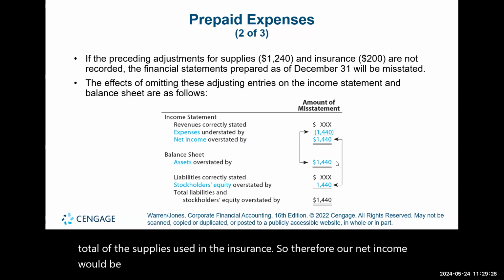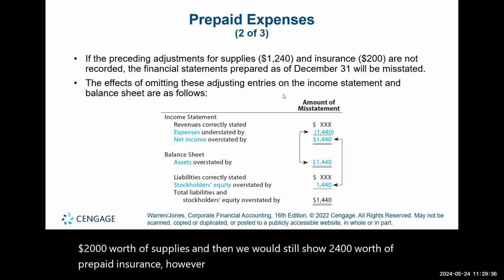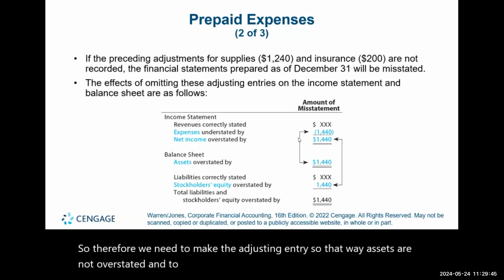Our assets would be overstated. We will still show $2,000 worth of supplies, and then we would still show $2,400 worth of prepaid insurance. However, as we just discussed, this is incorrect. So therefore, we need to make the adjusting entry so that way assets are not overstated, and to ensure that stockholders' equity is also not overstated.